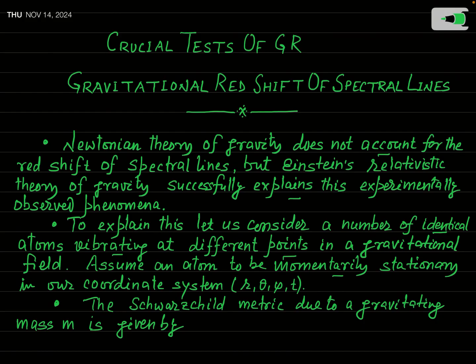In this coordinate system, the coordinates are r, theta, phi and t. So we have assumed that among those vibrating atoms, there is an atom which is at rest in this coordinate system r, theta, phi, t.